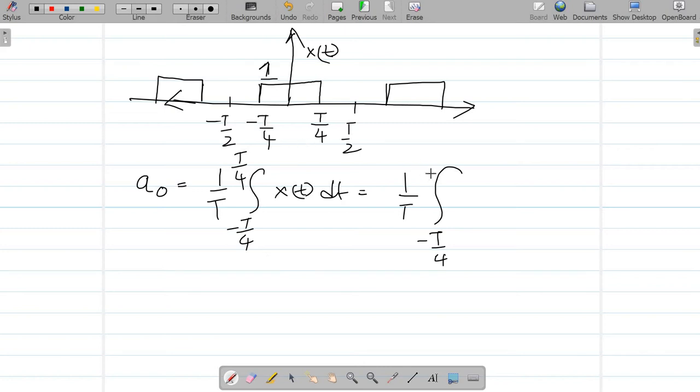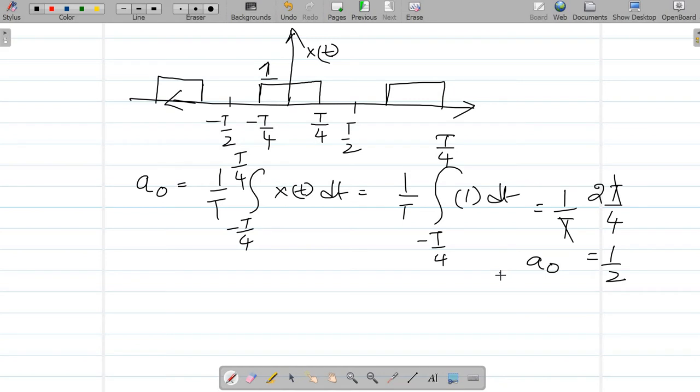The signal value is 0. So I have to put it as 1 dt. So when I evaluate this, I get 2T by 4. So this T and this T will cancel, so I will get half. So my a naught is half. That is, the DC term has a value of 0.5.